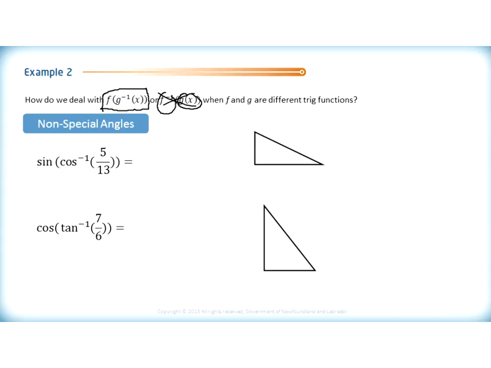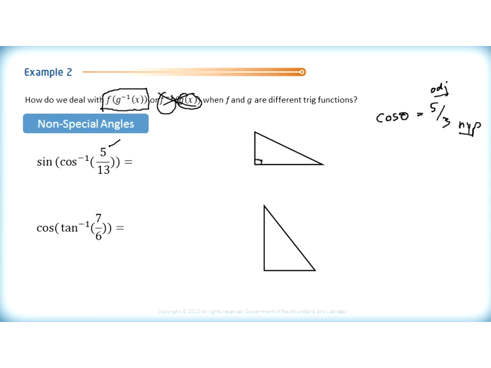And if I do that, then I take the ratio I have, and I have to construct a triangle that would work for that ratio. So inverse cosine of 5 over 13 means that the cosine of that particular angle is 5 over 13. And remember, cosine is your adjacent side divided by your hypotenuse.